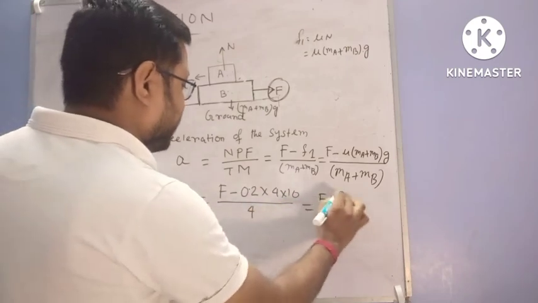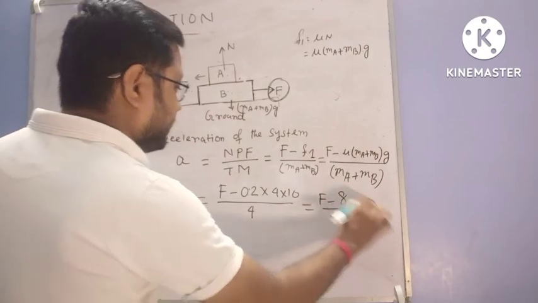That is F minus 8 by 4. This is equation number 1.